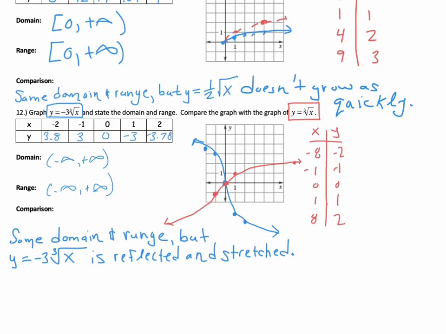The comparison, what I notice, is that they still have the same domain and range, but y equals -3 times the cube root of x is both reflected, so I see a flip here, and stretched. I see it's kind of flipped over my x-axis, which does happen quite a bit when we have a negative a value.